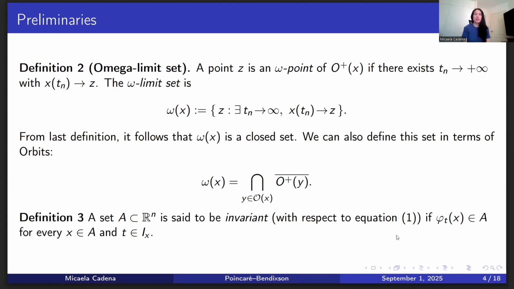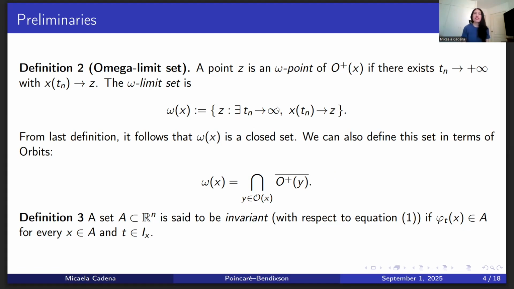We also define what an omega limit set is. We say that a point z is an omega point of the forward half orbit if there exists some t sub n that tends to positive infinity such that x evaluated at this t sub n goes to z. The omega limit set then is symbolically characterized in this way.